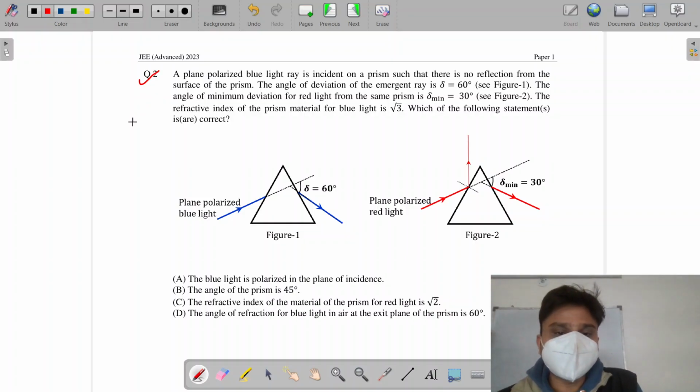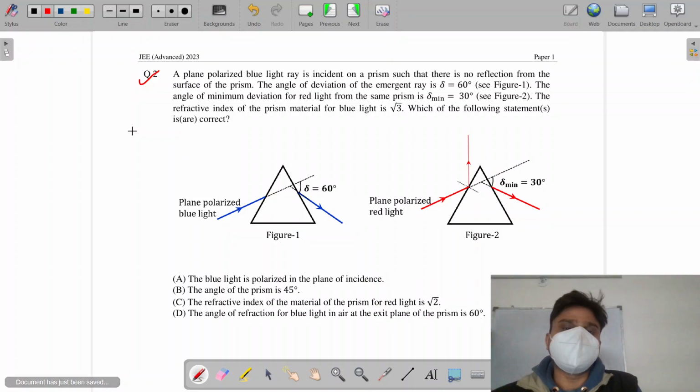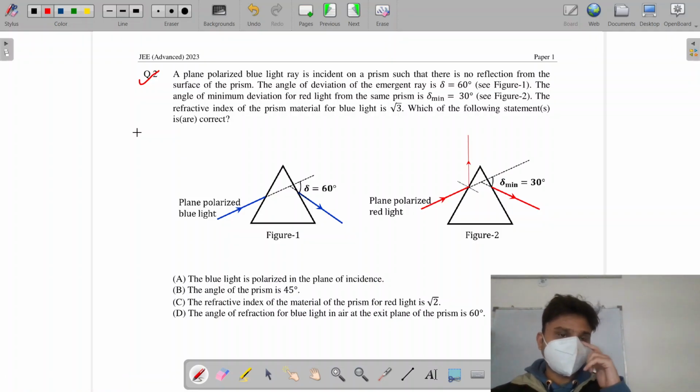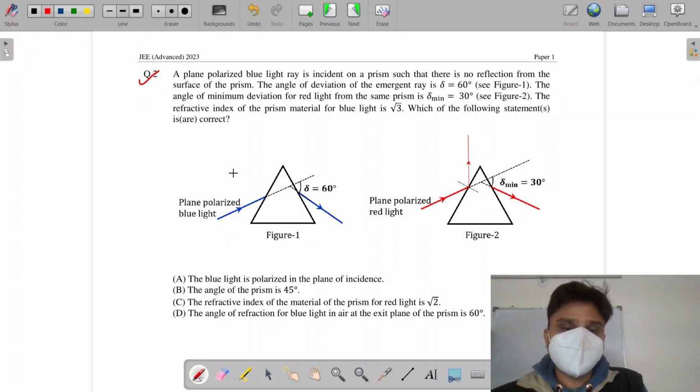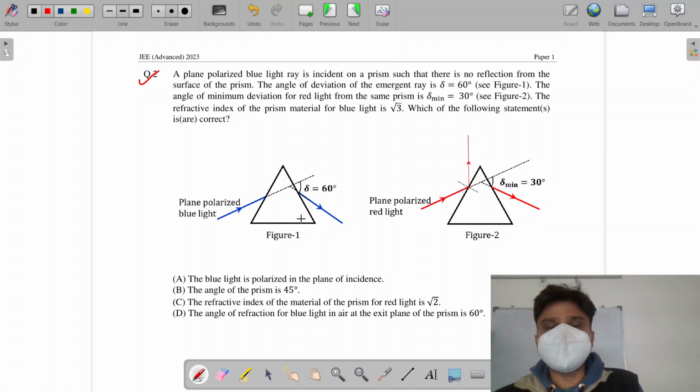So it is a more than one correct question, and basically we have a prism with us, and we are passing two kinds of light through that prism.